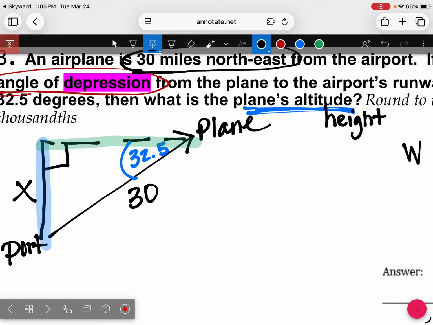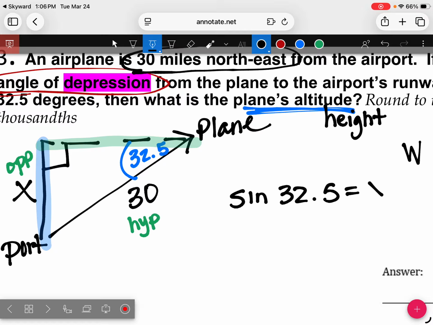So let me go ahead and put that 30 on the outside. The hypotenuse is 30. And we're trying to find x. Is x opposite or adjacent to the 32.5? Opposite. So we have our opposite and we have our hypotenuse. So let's set it up. Sine of 32.5 is opposite over hypotenuse.